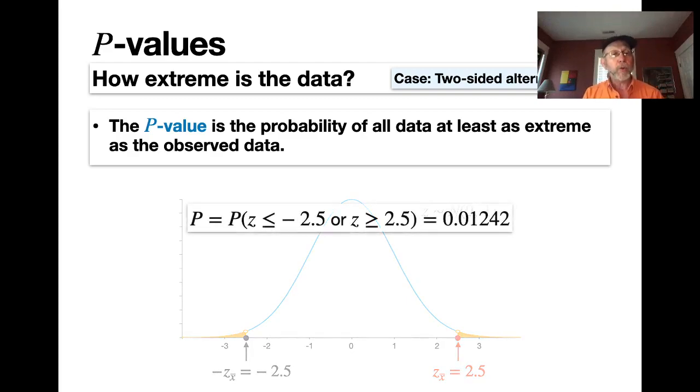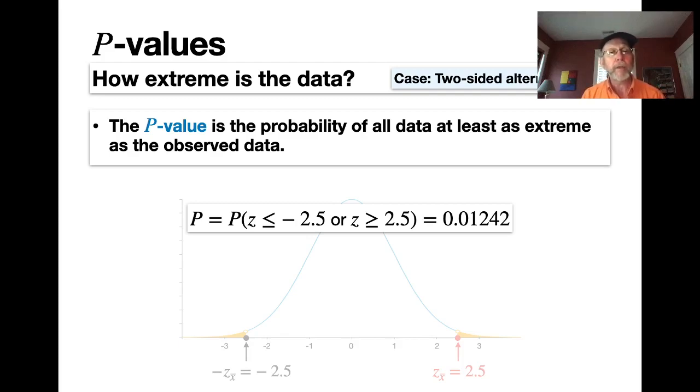And you could compute the probability of that data just using standard software calculation tools. It's the probability of a z-score that's either less than or equal to negative 2.5 or greater than or equal to 2.5. And that turns out to be 0.01242 or about 1.242%. So the p-value is defined this way.